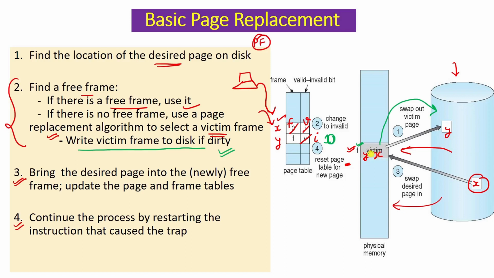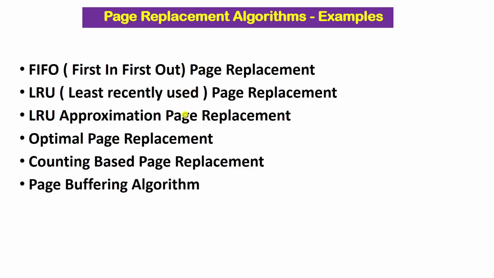The page Y that was kept here need not be copied to the swap space, because it was never modified since it was first brought into main memory. So the page replacement algorithm has to take this into account. We will be studying all these different algorithms with the help of numericals in our coming videos.